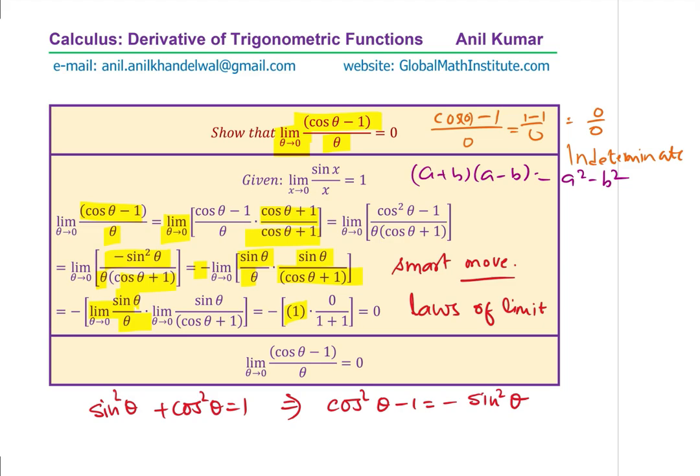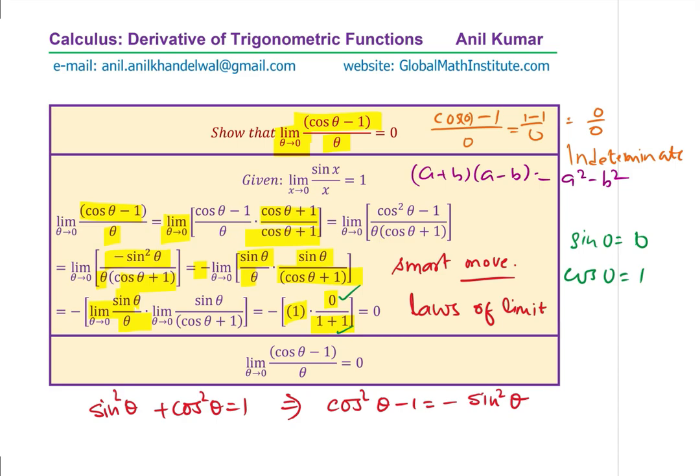We can now substitute 0 for theta. Once you substitute 0, you get what? Sine of 0 is 0 and cos of 0 is 1. Substituting those values, what you get is 0 over 1 plus 1, which is equal to 0.